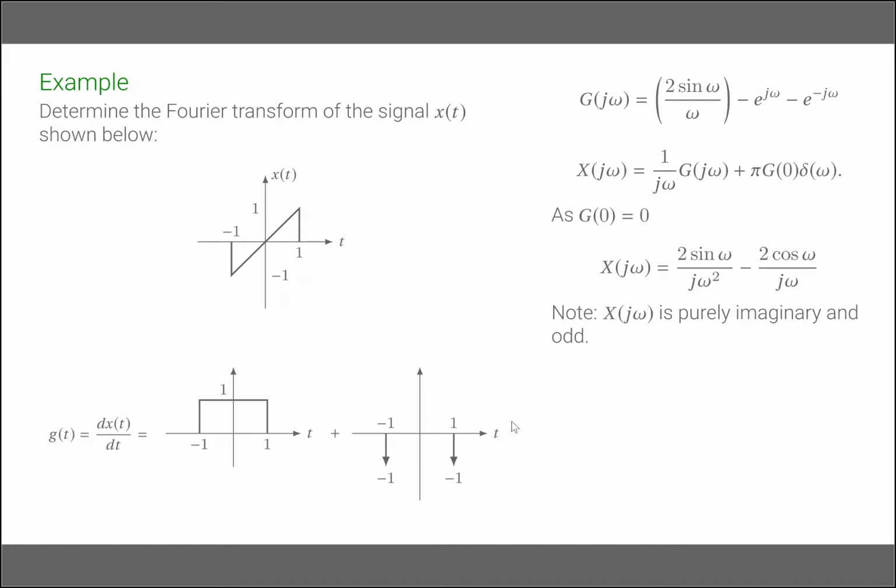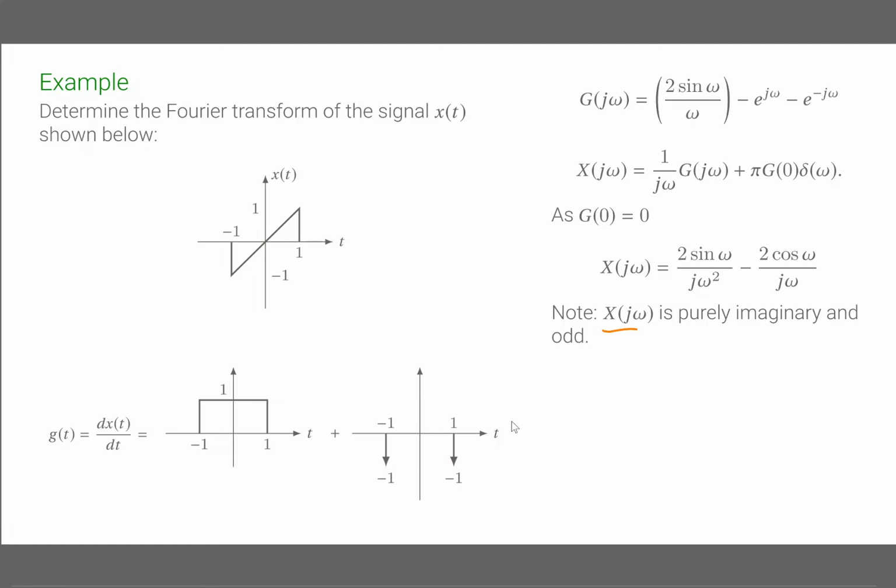We can also realize that X(j omega) is purely imaginary and odd, because this is an odd symmetric signal.